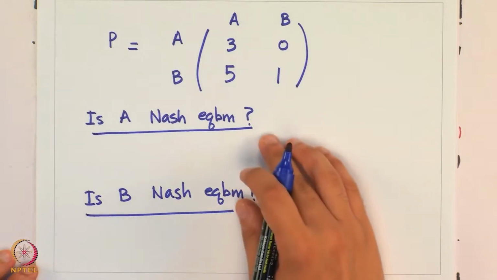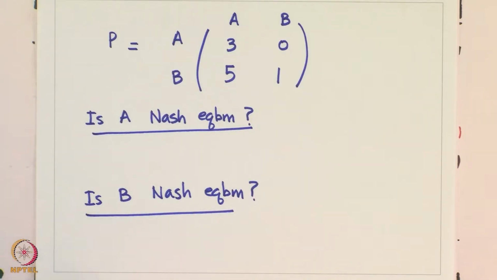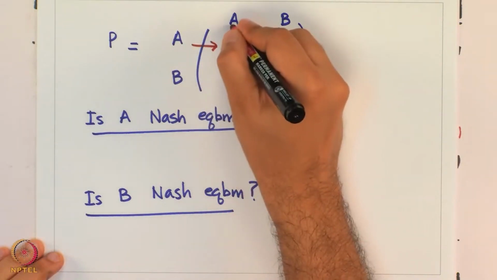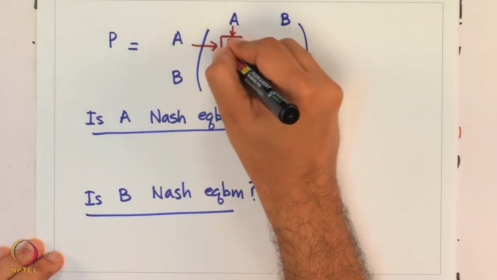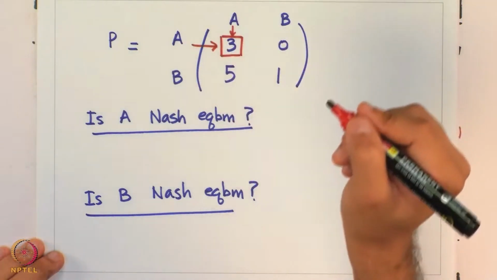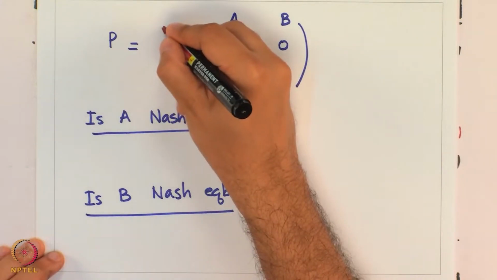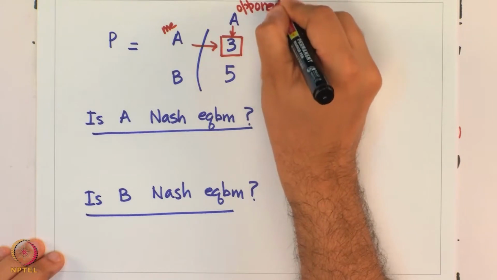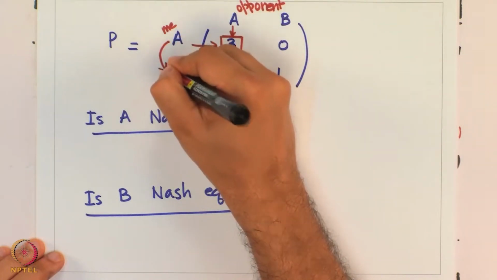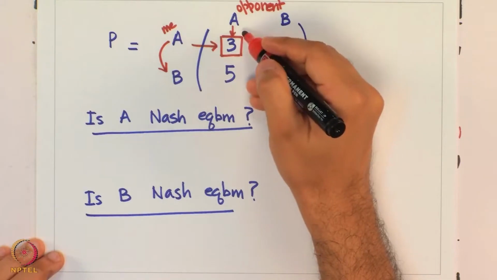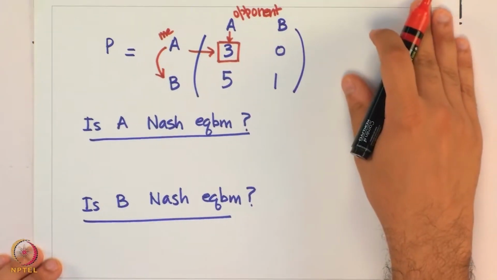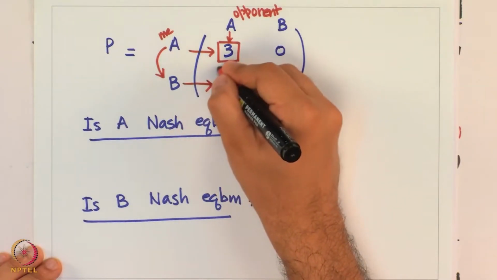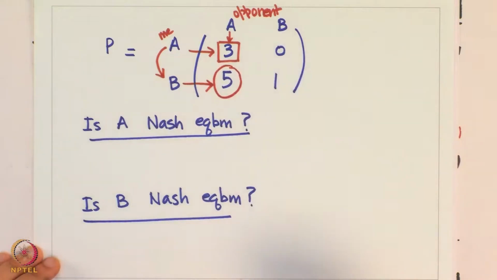Now, if A was a Nash equilibrium, that means that both the agents, both the players are playing with strategy A. So, A is playing A and the payoff associated is equal to 3. Now, if this is me and this is my opponent, then if I switch my strategy to B, my opponent sticks to strategy A. If that happens, then my strategy is B, the opponent's strategy is A, and hence I increase my payoff from 3 to 5.